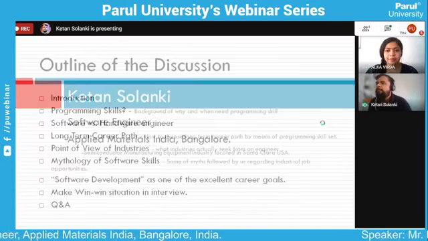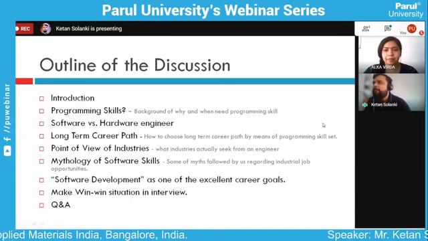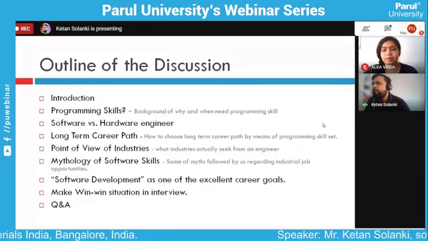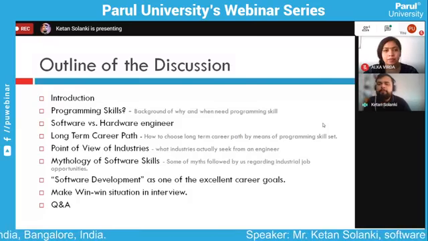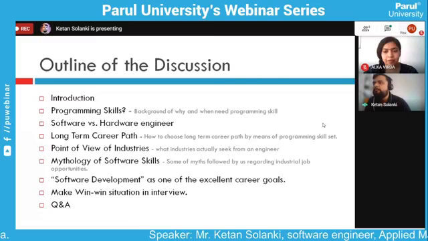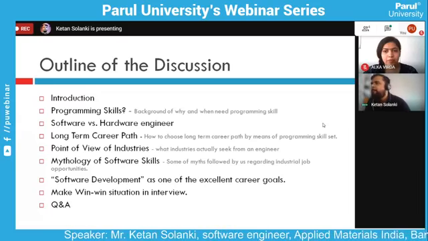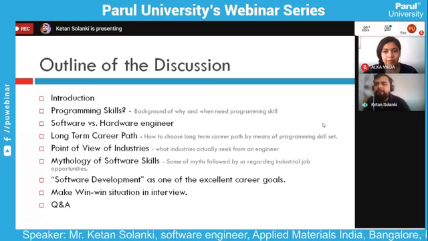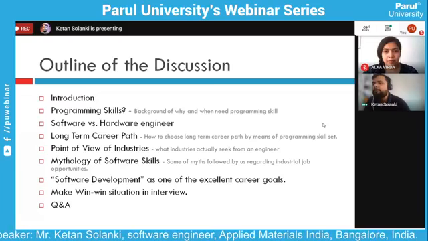Today we'll cover these many points. The introduction, with what I aim to explain in this session. Then we'll have programming skills: why and when we require them.